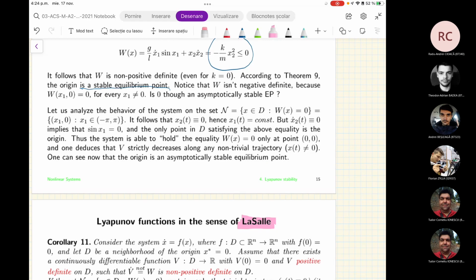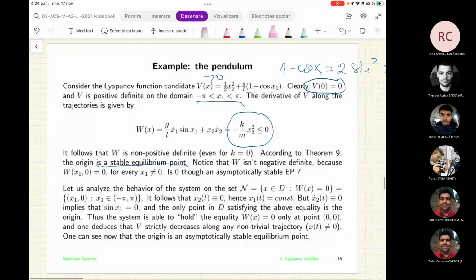Essentially, they're saying if the decrease in energy is constant only at the equilibrium, then the equilibrium is asymptotically stable. And we have to prove that. We are going to do such a proof using invariant sets. Okay.